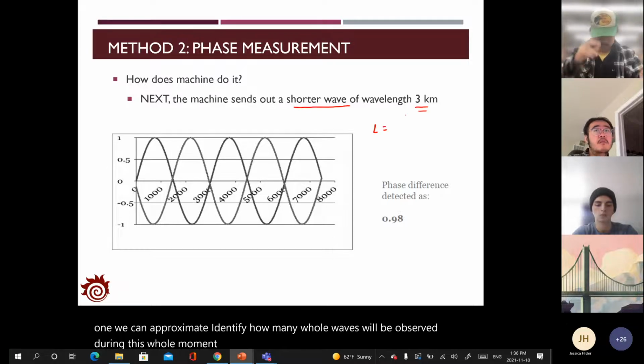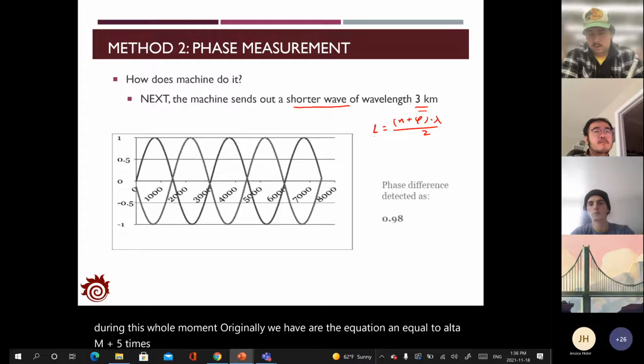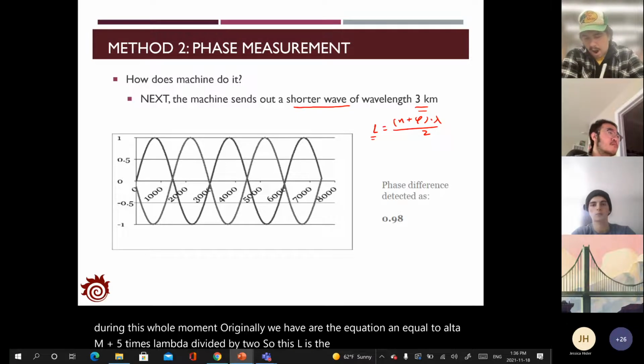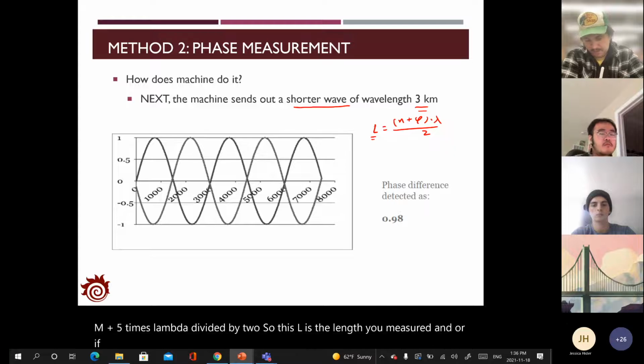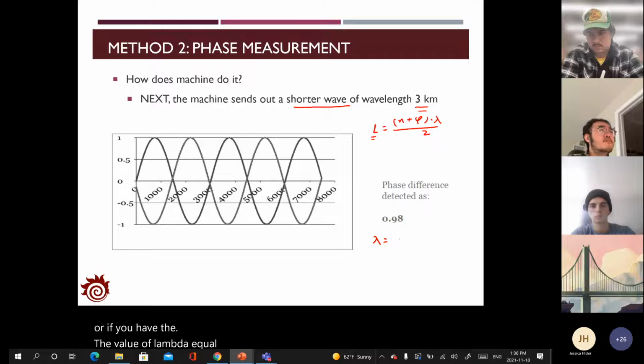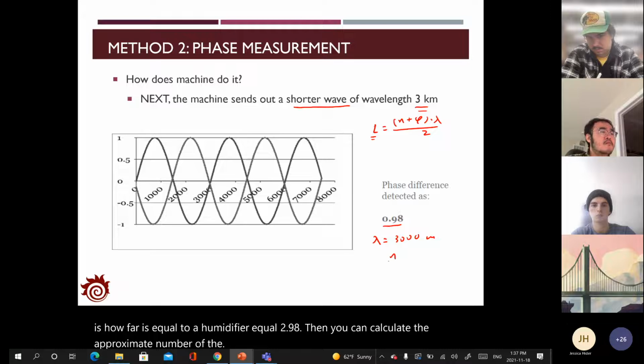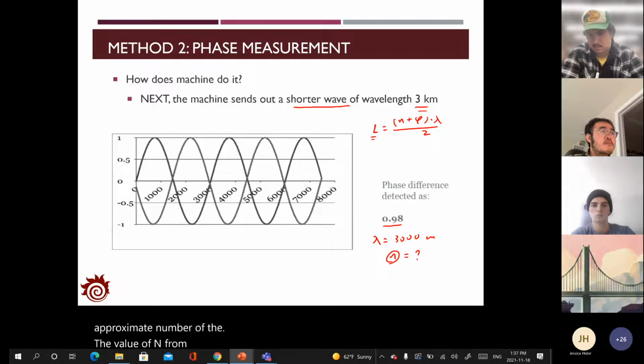Originally we have the equation L equal to (n plus phi) times lambda divided by 2. Here L is the length you measured. If you have the value of lambda, which would be the wavelength, as 3,000 meters, and you measure phi equal to 0.98, then you can calculate the approximate value of n from this measurement.